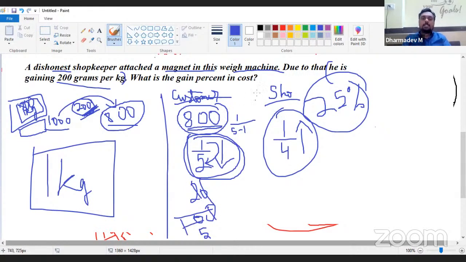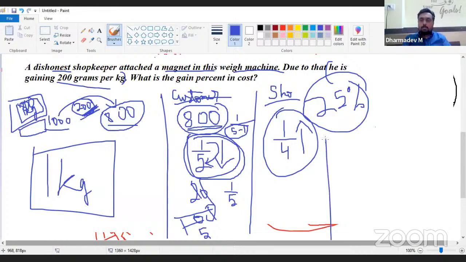When I say somebody is losing something, the other person is gaining. If a person is losing 1 by 5, how much is he gaining? He's gaining 1 by 4, that is 25%. So I have to subtract with the numerator. This was a trick which we learned in the first class.